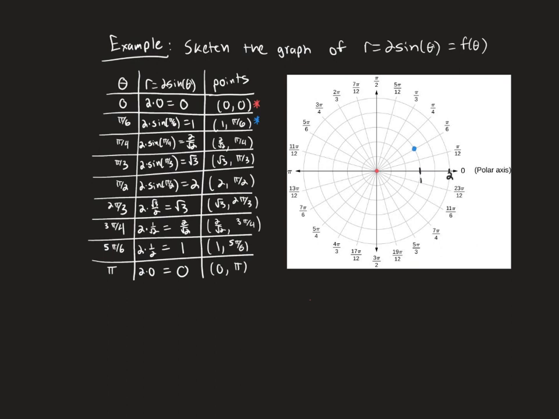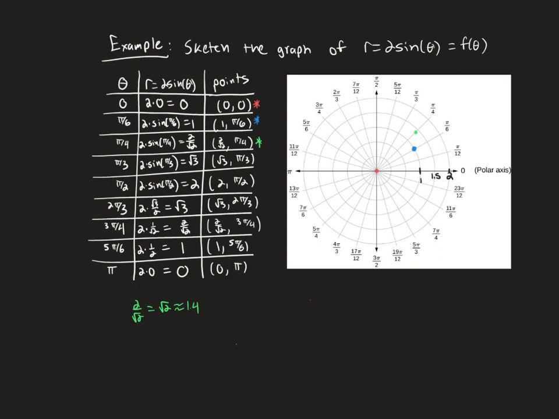And then we have the point 2 over root 2, pi over 4. So let's use green. 2 over root 2 simplifies to just square root of 2, which is about 1.4. So at pi over 4, 1.4 is going to be right about there, because I'm going to imagine that this is 1.5. So the 1.4 is just underneath that, just before that 1.5.